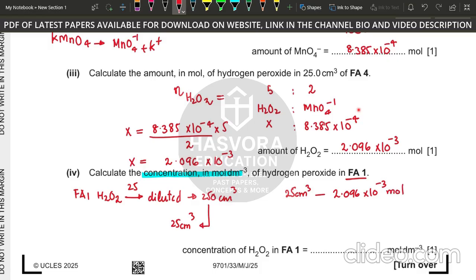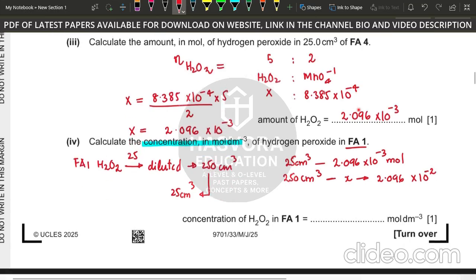So how much will the 250 cm³ of diluted solution Fa4 contain? Because we took 25 cm³, it will be x: 2.096 × 10^-3 × 250 divided by 25, which is 2.096 × 10^-2. So this is the number of moles in the 250 cm³.